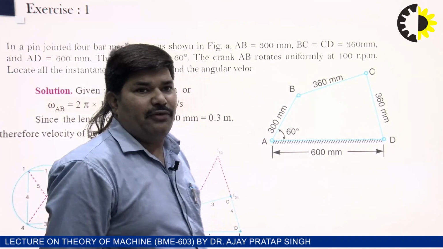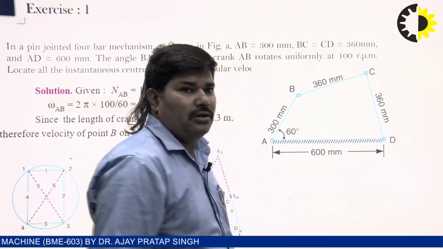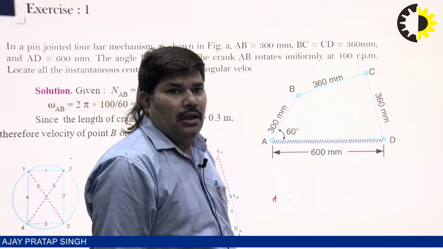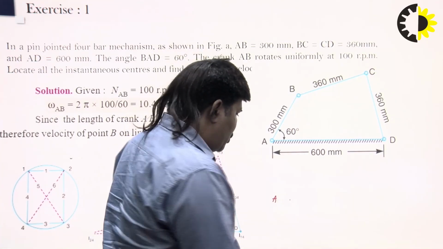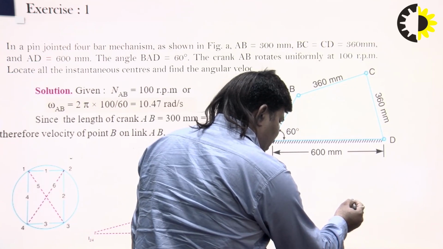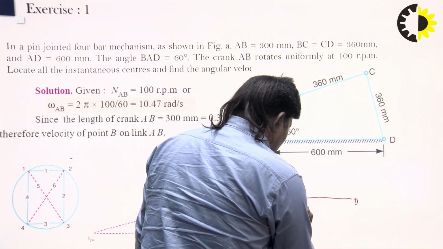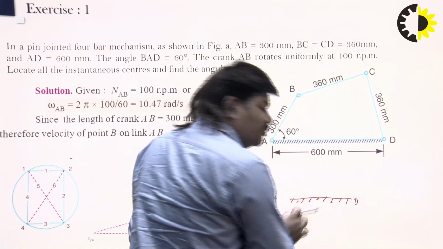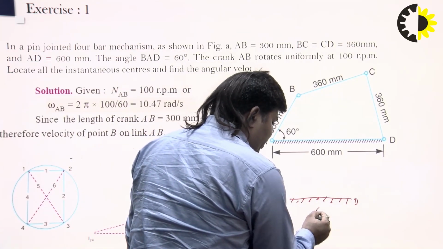First of all, take a point A, and draw the line AD, that is the fixed line. The distance between A and D is 600 mm, so you can mark the 600 mm.